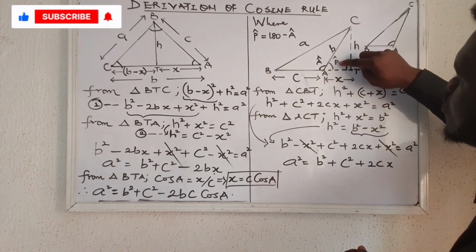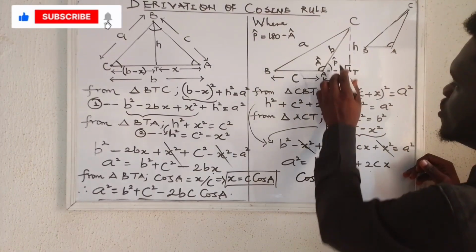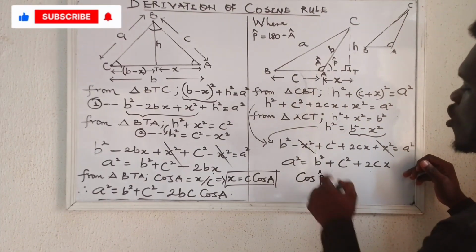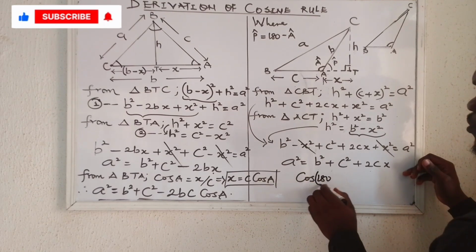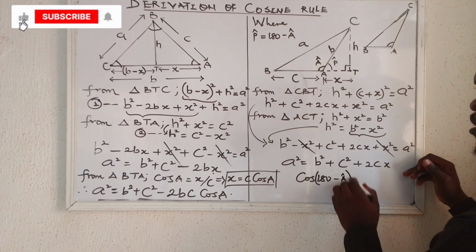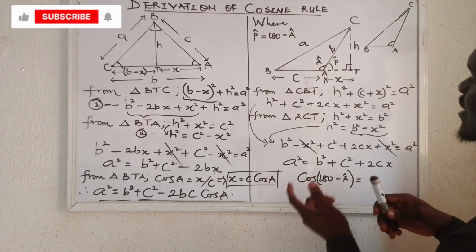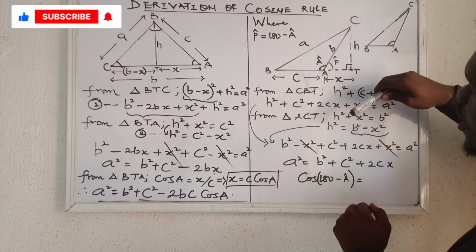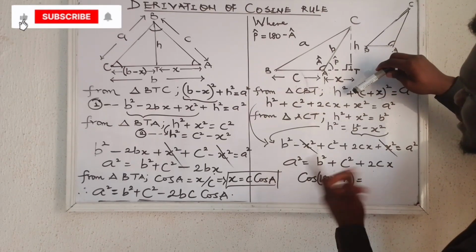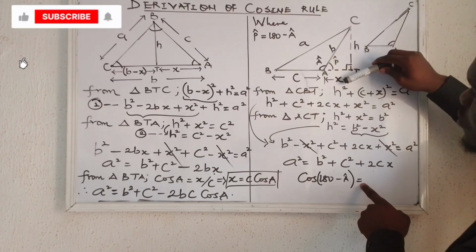Cos of the angle P, which is 180 minus the angle A, must be equal to what? Cos of an angle is adjacent over hypotenuse. Cos of every right-angled triangle is adjacent over hypotenuse. So we get x, the adjacent, over the hypotenuse.